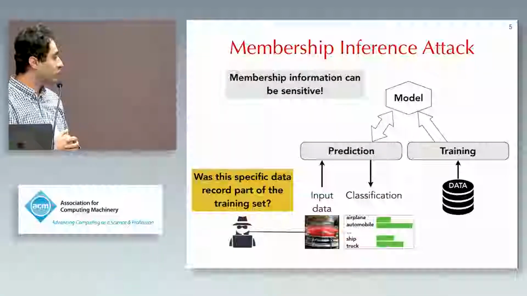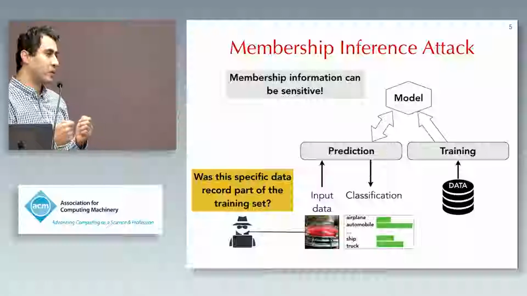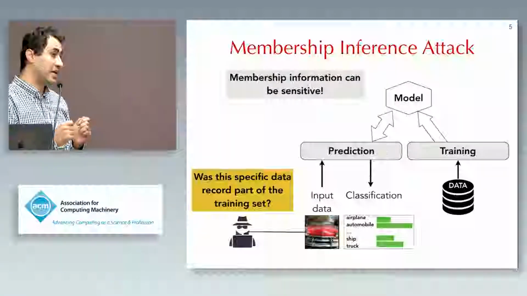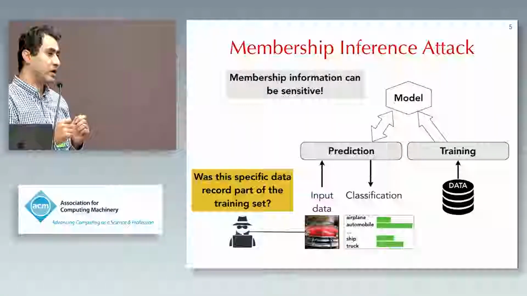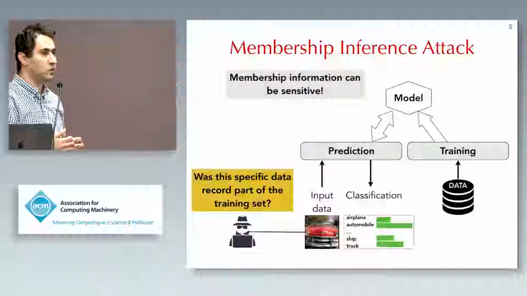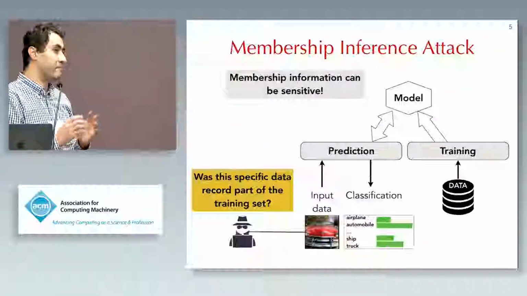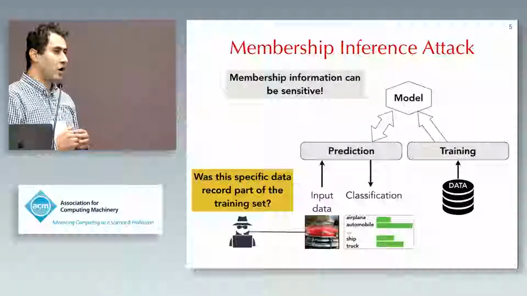In this approach, the attacker's objective is to verify whether a particular data record has been used during the training process, right? So the goal of the adversary is to know whether a particular sample has been a member or not a member of the training data set.